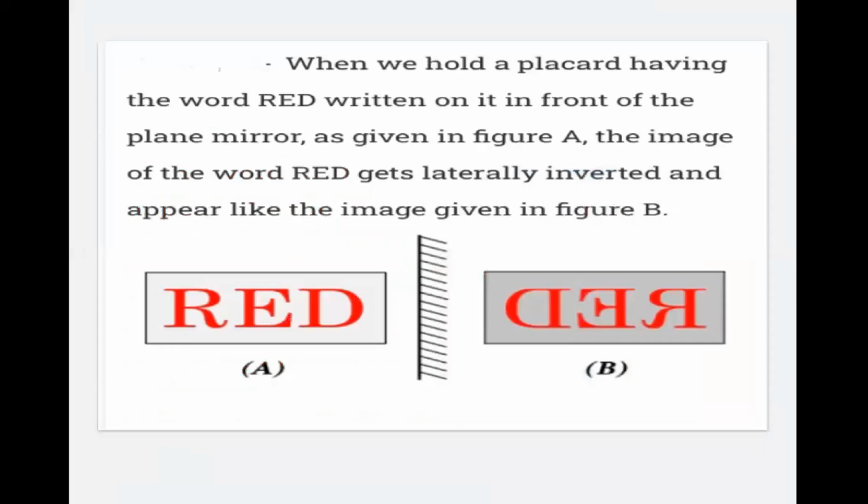We saw various examples which elaborated this concept of lateral inversion. In this slide also, we saw the word READ being flipped. Each and every alphabet of this word READ is being flipped and the image is seen like this.